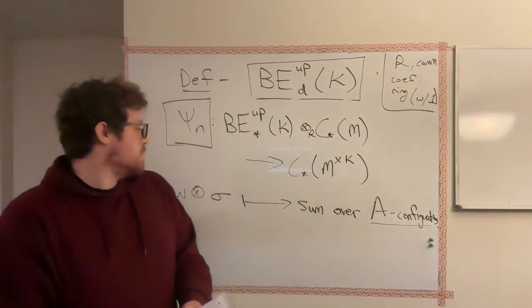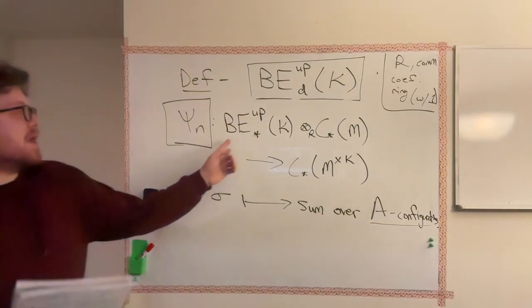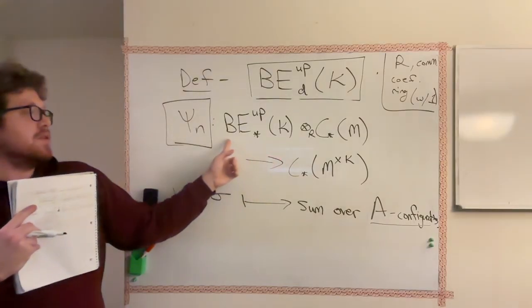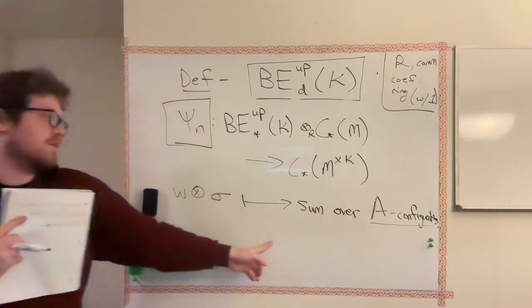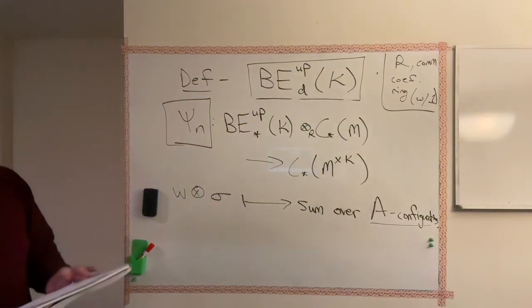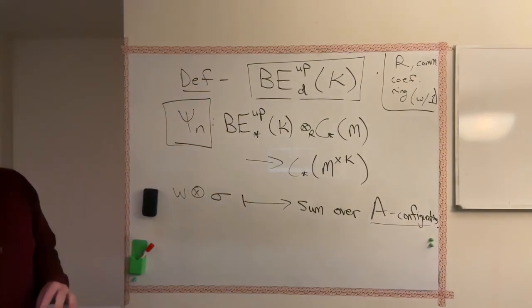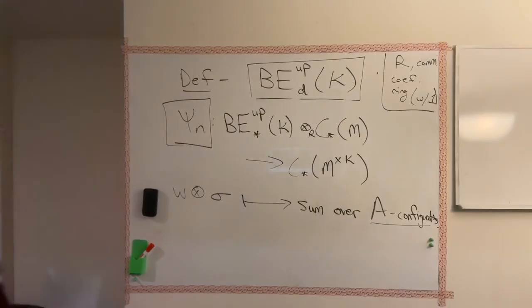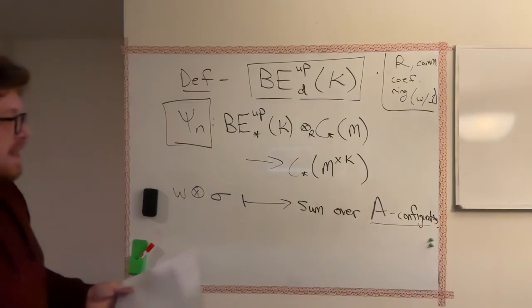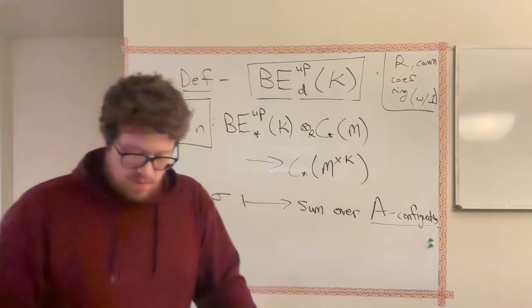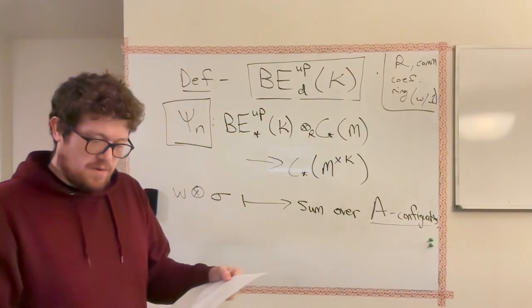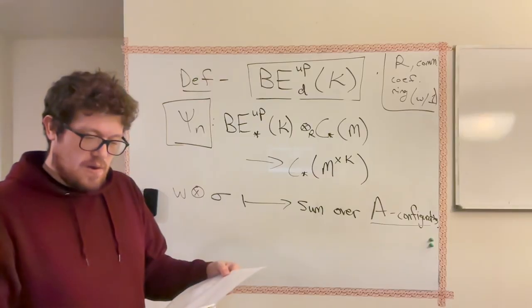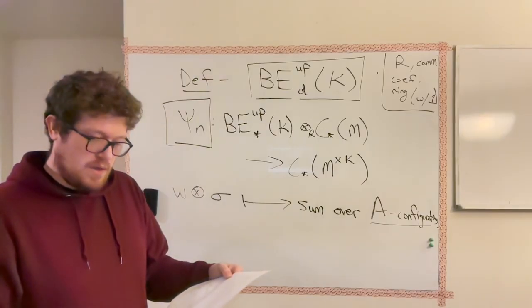Whereas over here we have basically permutation information, the coaction inside of here gives you something a little bit weirder. Maybe I should say what an A configuration is, but I want to go through an example first.